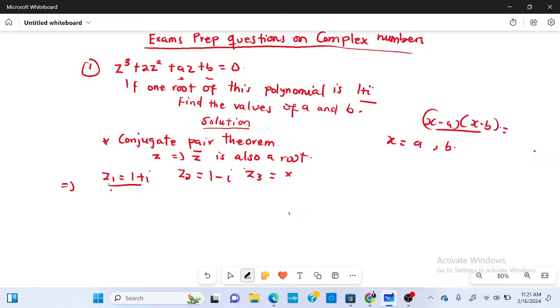So now we are going to get z minus the expression 1 plus i as a factor of this equation, multiplying the expression z minus 1 minus i. Let me do these first two, then afterwards we multiply by the third factor. So multiplying these two factors, what do we get?